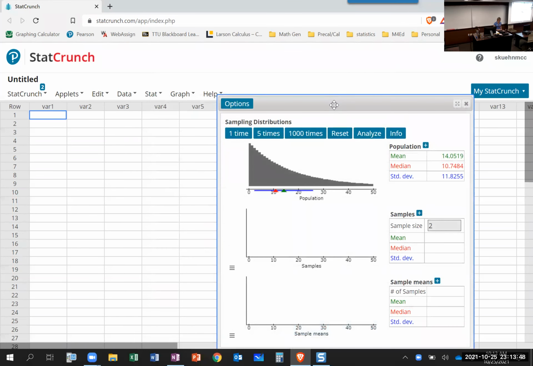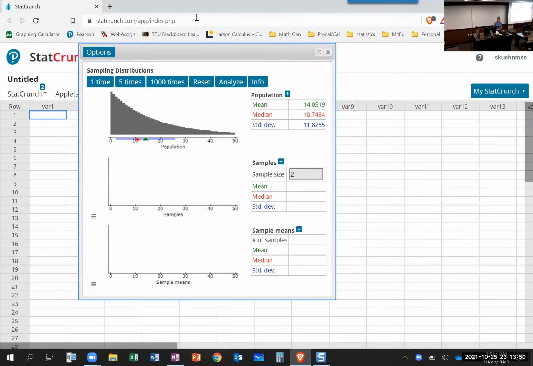Okay, so this is the same concept as what we were looking at. What is the shape of this distribution? What is the center? 14.05. That's the mean. What's the spread? 11.82.